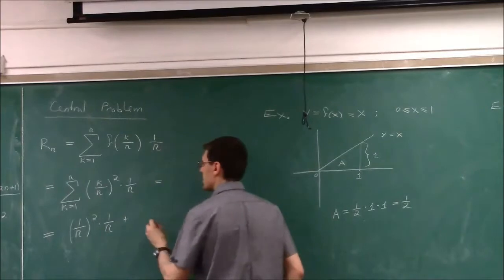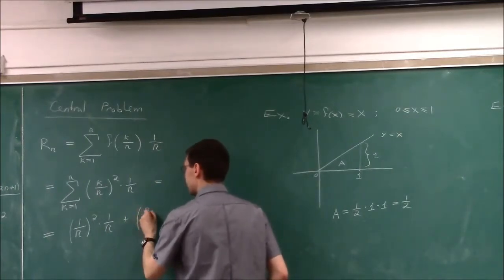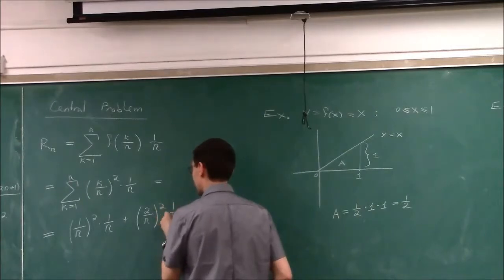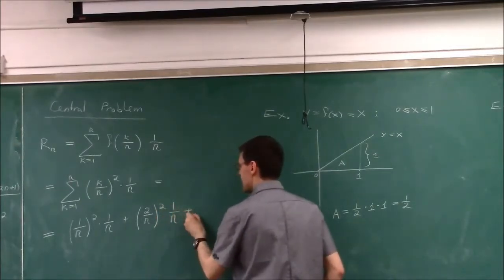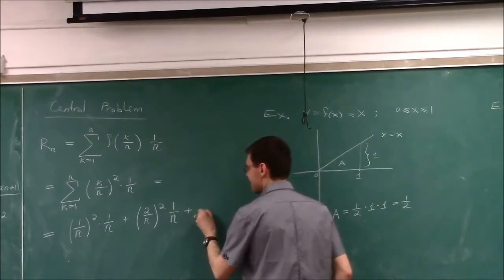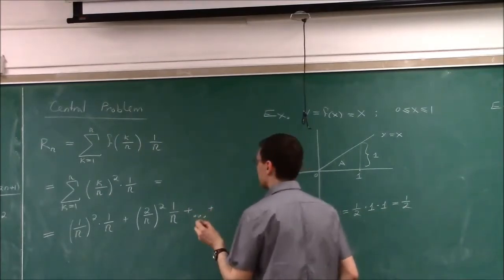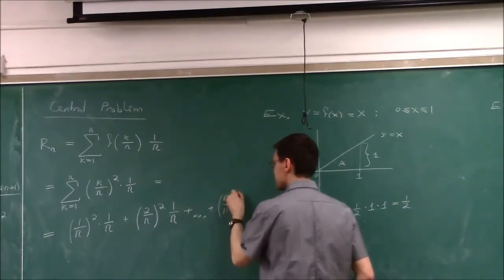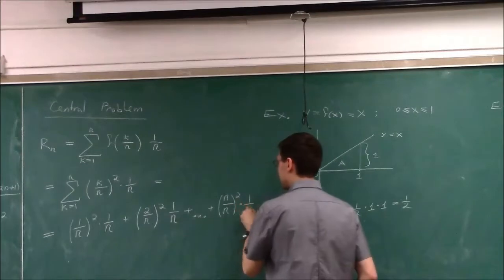The next term is 2 over n squared times 1 over n, and so on, right? Until we get to n over n squared times 1 over n.